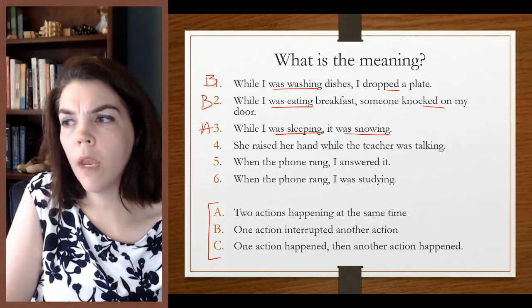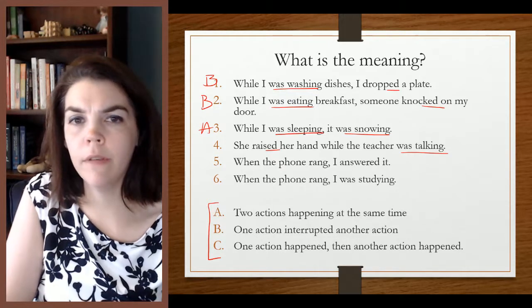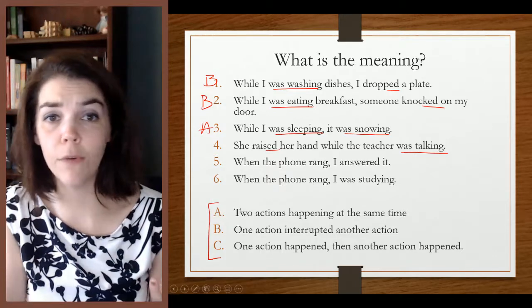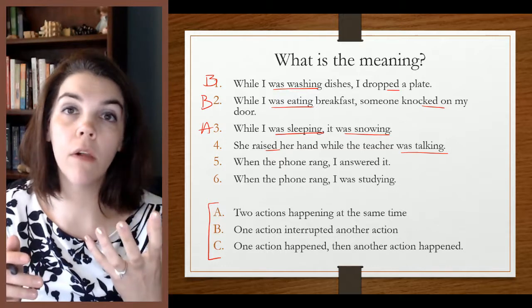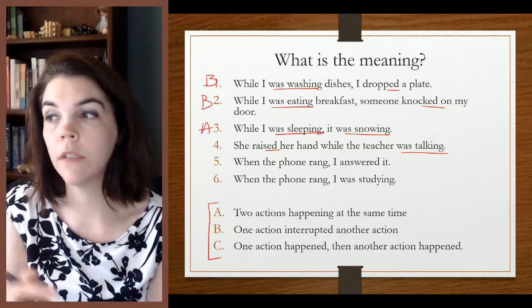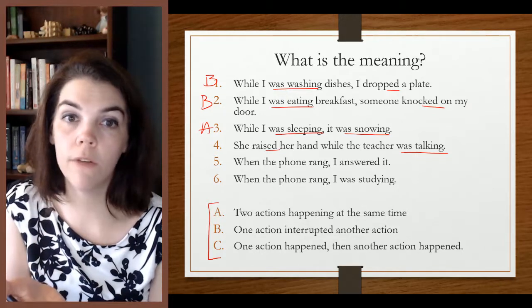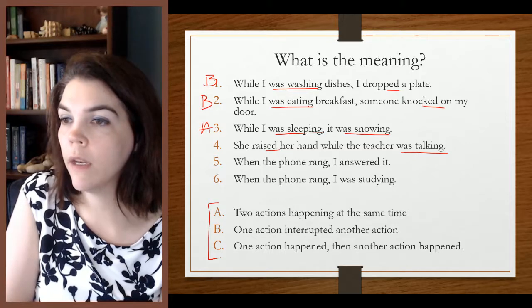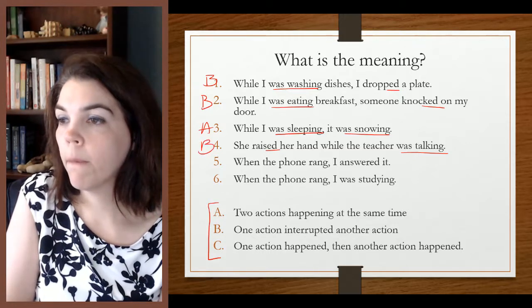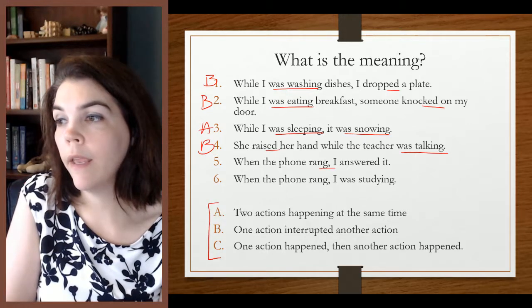She raised her hand while the teacher was talking. Simple past. Past progressive. Does it matter if it comes first or second? It doesn't matter. If you have your dependent clause first or if you have it second, it still means the same thing. I could say while the teacher was talking, she raised her hand, and it means the same thing. So this one again is an example of B. When the phone rang, I answered it.